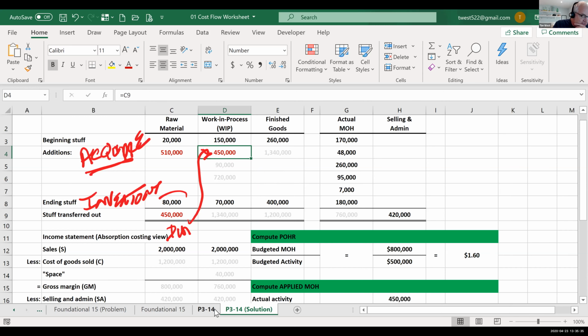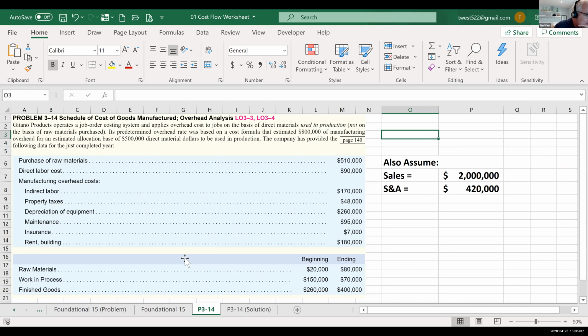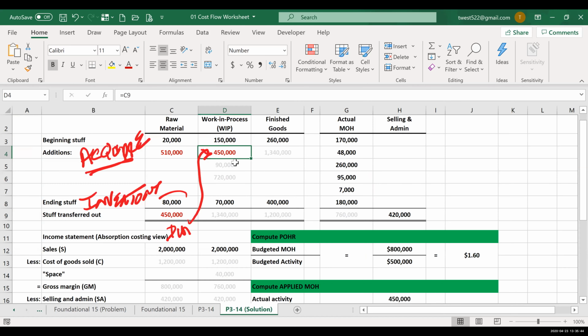So let's go back and see. Thankfully, there's direct labor of 90,000. So I tend to drop that in here because I always tend to think about these things as direct material, direct labor, and manufacturing overhead. Those three things just kind of fill that slot.